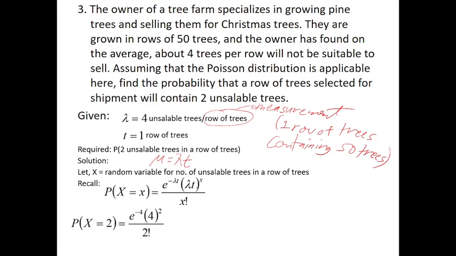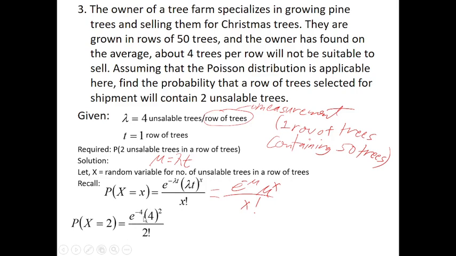So ganyan yan. In terms of lambda t siya, yung mu. Okay? e to the negative lambda t times lambda t to the power of x over x factorial. So the probability that there will be two unsaleable trees is equal to e to the negative 4.